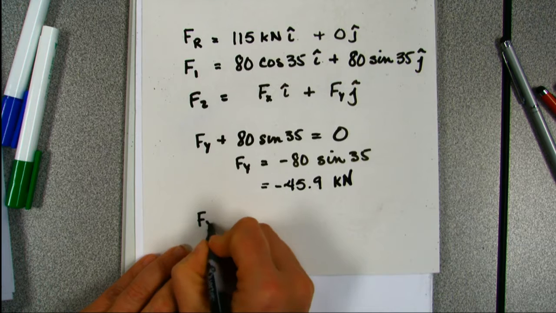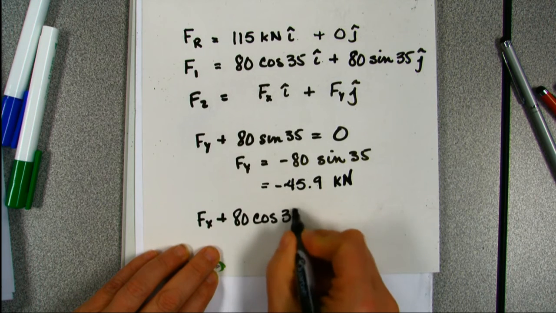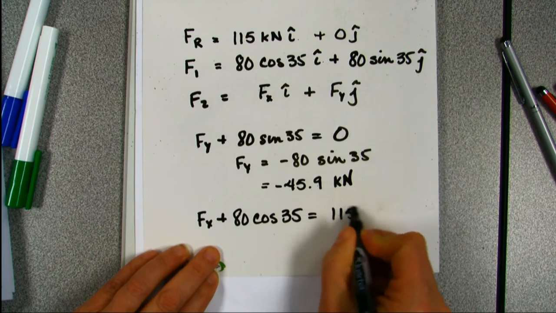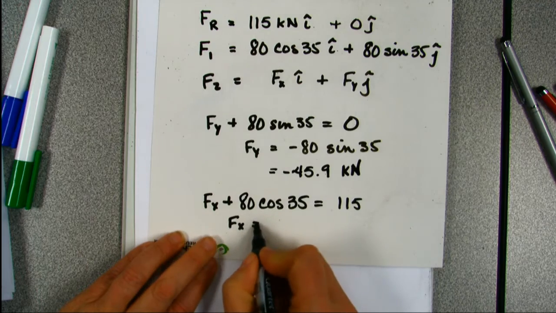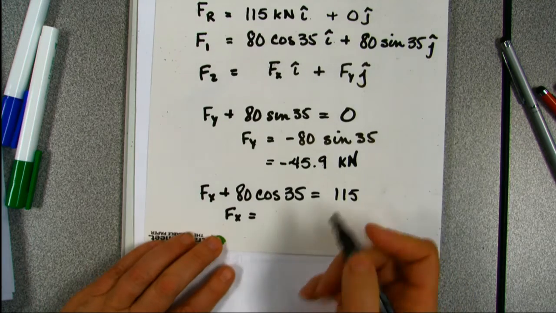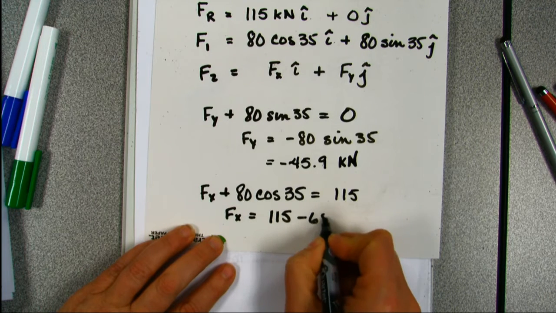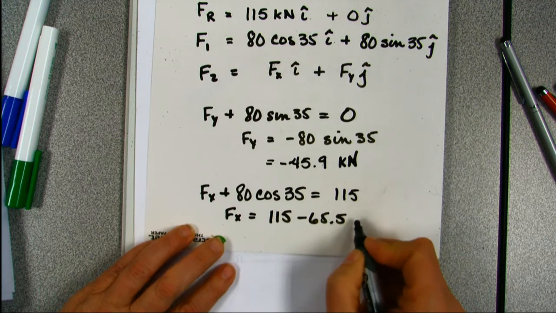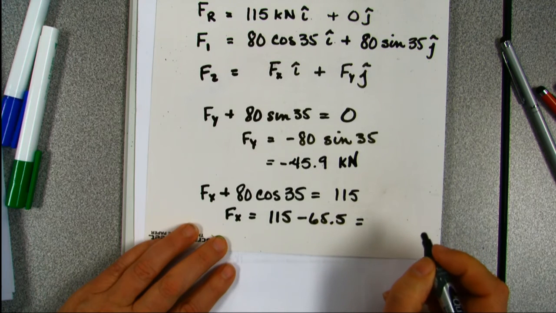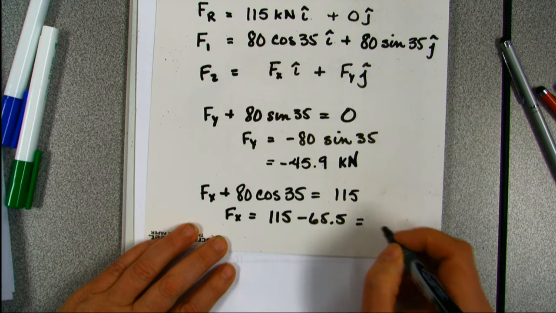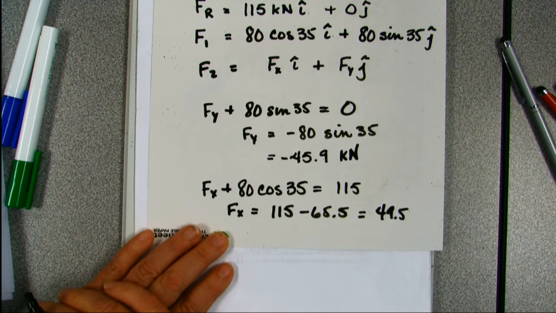And then Fx plus 80 cosine 35 has got to equal 115. So Fx is going to equal, this works out to be 65.5, so that's going to work out to be 49.5, if I've done that right.